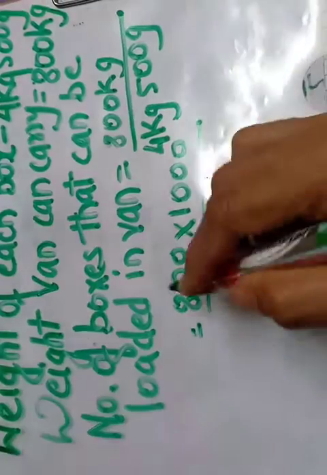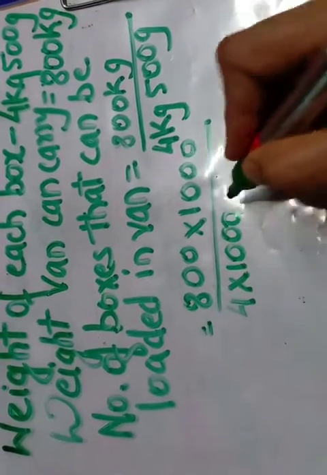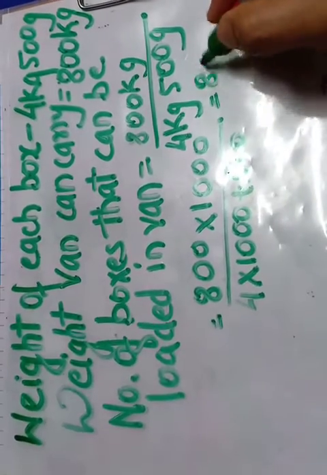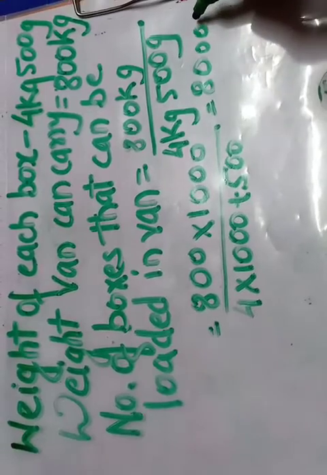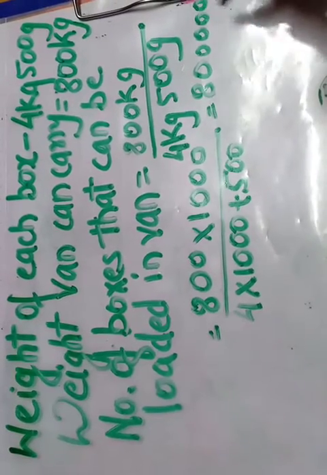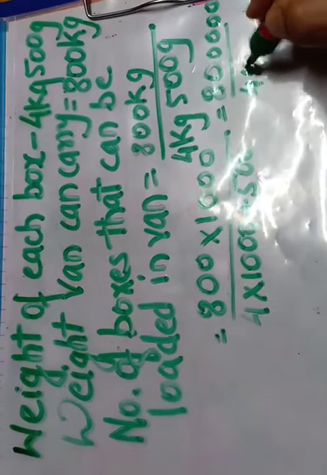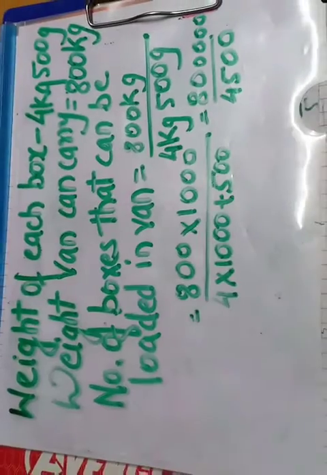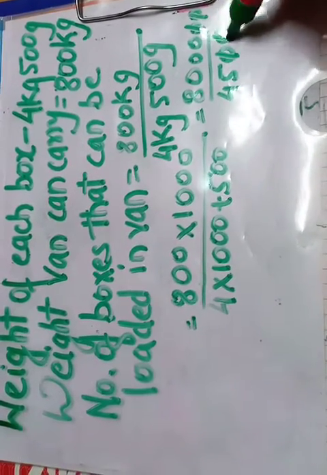Okay. Now 4 also multiplied by 1000 plus 500. So here we will have how many zeros? 3 to 5. That is, it would be 8 lakhs upon 4500. Okay, now this division we have already done in 5th standard. I can cancel 2 zeros from up, 2 zeros from down.